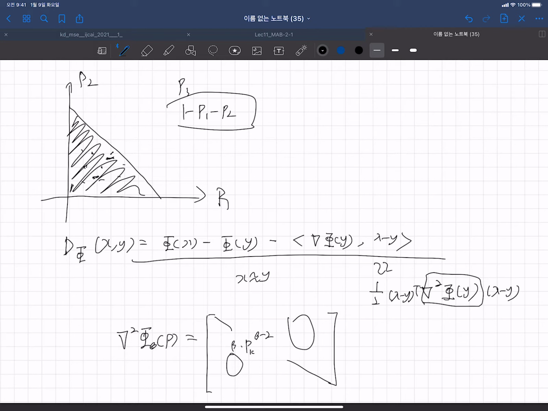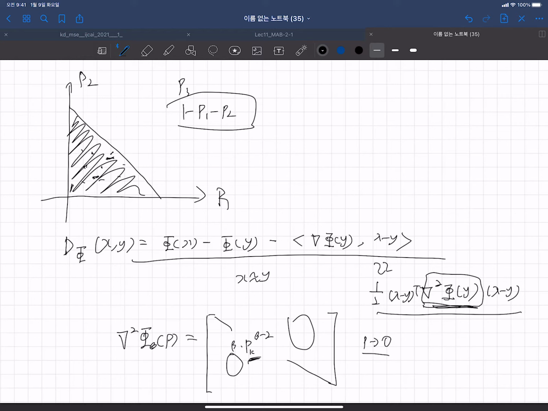Beta times p_k^(beta-2) is the diagonal element. So as p goes close to 0, this value can be very huge, which means these operations can multiply the distance to a very huge value.